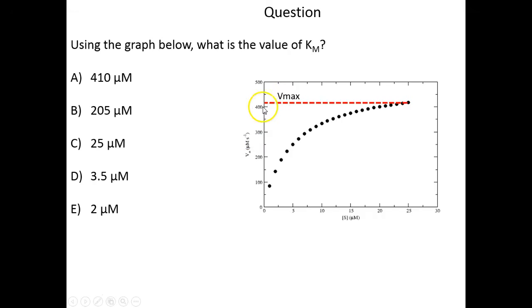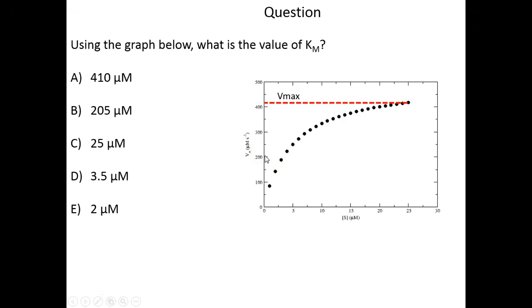So this is Vmax, and we'll estimate that to be about 410 micromoles per second. This is Vmax, the maximal velocity. 1/2 Vmax is about 205, which is where some of you probably got the answer B. So this is 1/2 Vmax.